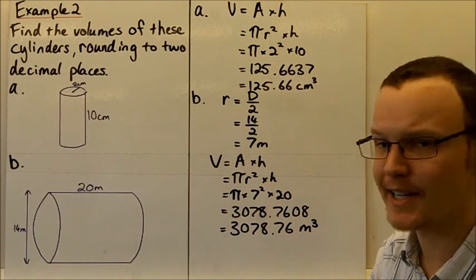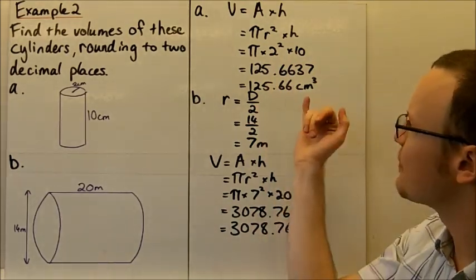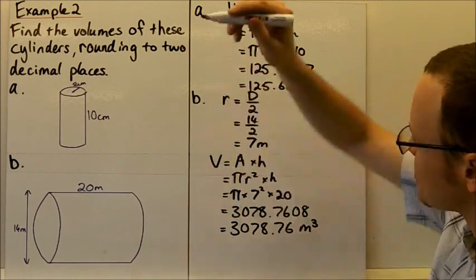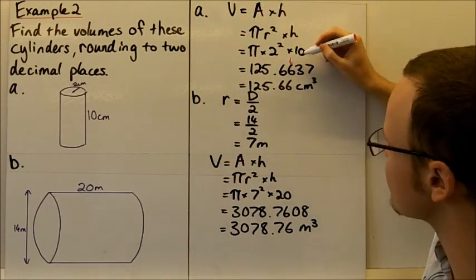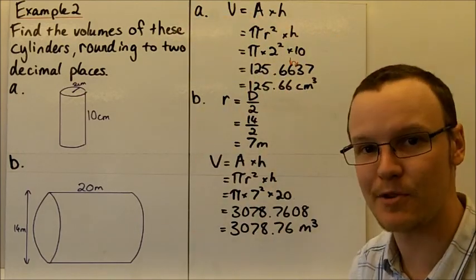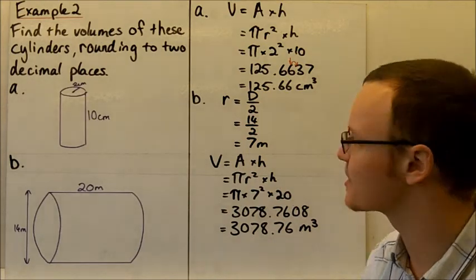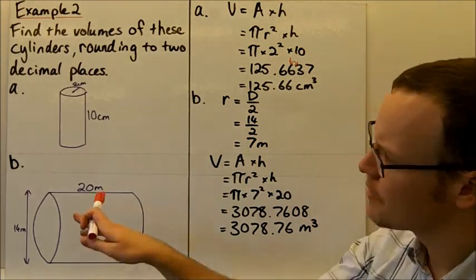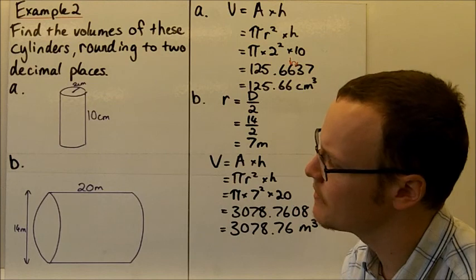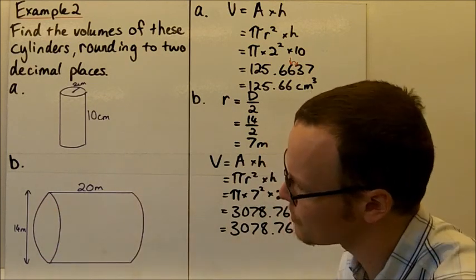So plugging that into our calculator, we get 125.6637, and we're asked to round to 2 decimal places. So looking at the second decimal place, and the number to the right-hand side of it, it's not big enough to round up, so the answer is going to be 125.66 cubic centimetres.